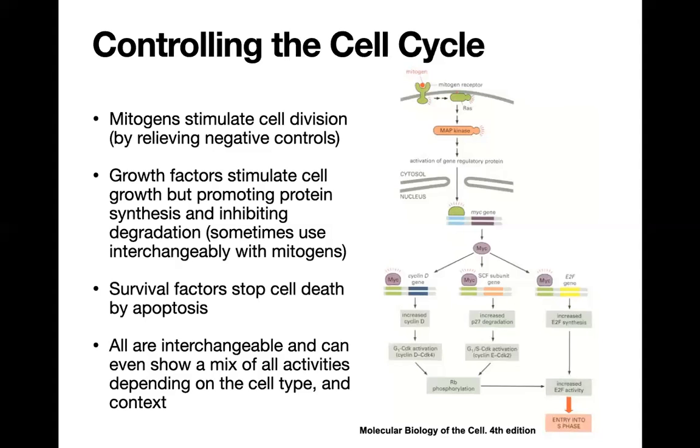All four classes of signals can be used interchangeably. Some of the proteins even show a mix of all activities, and this depends on the cell type and the context. I'm going to talk a little bit more about the cell cycle in the next lecture when we talk about fertilization and cleavage. And so I think I'm going to leave it here at that.